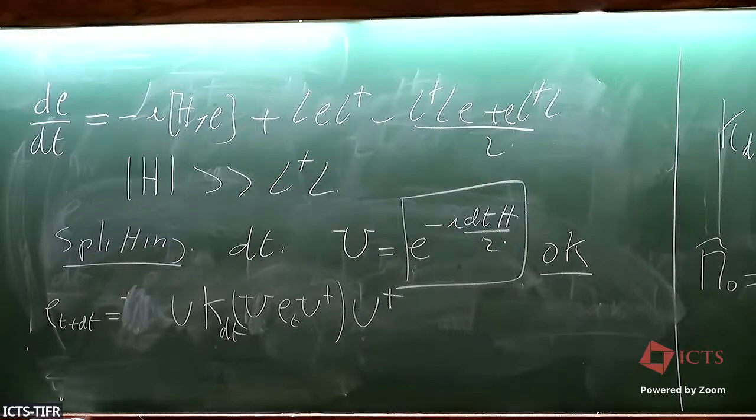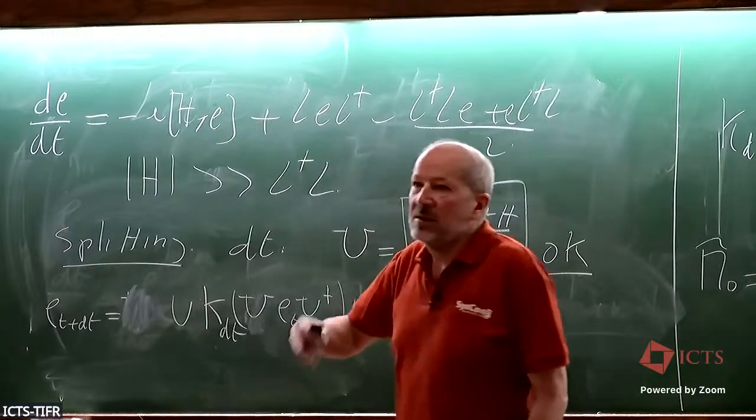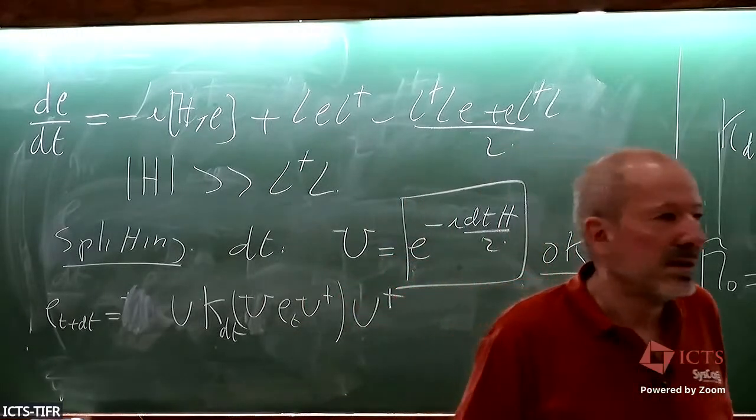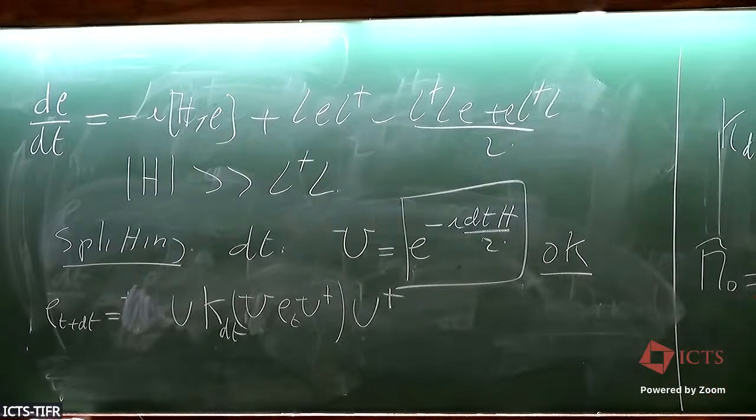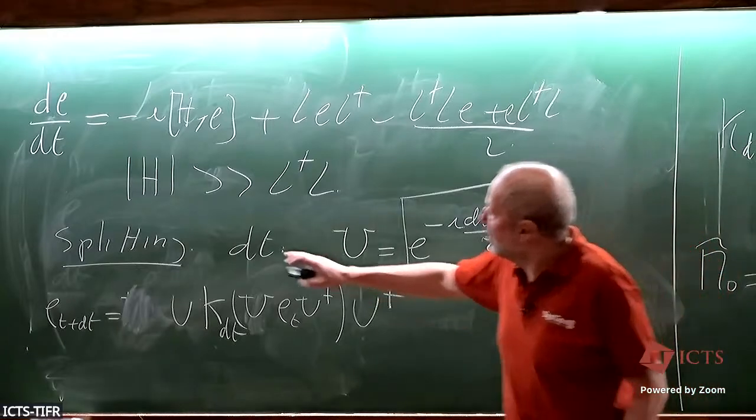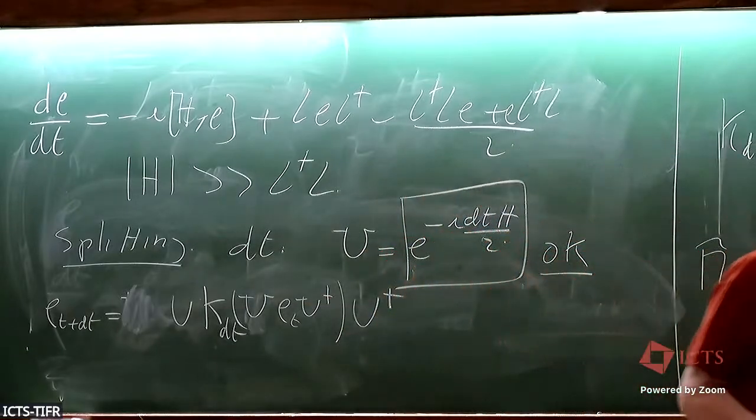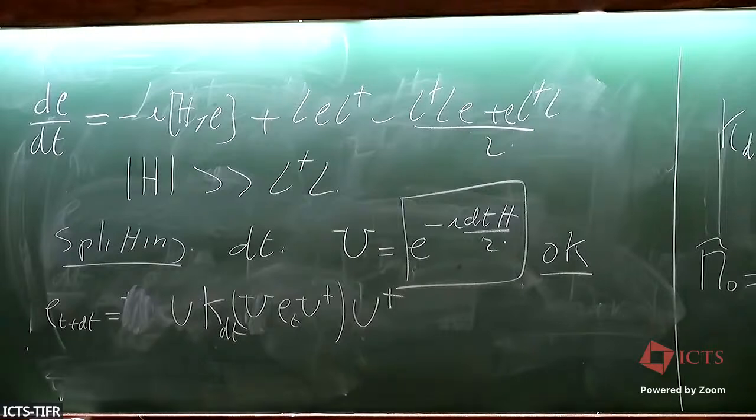Yes, you can use it in general. The dt you can take quite large, which means in a certain sense dt times this guy around 1/10 typically, if the Hamiltonian is much greater than L dag L. Just to say that the splitting could be interesting here, because if you want to simulate your system without using the rotating wave approximation, to see what the corrections are and so on, you need very tiny time steps to follow the high frequency.